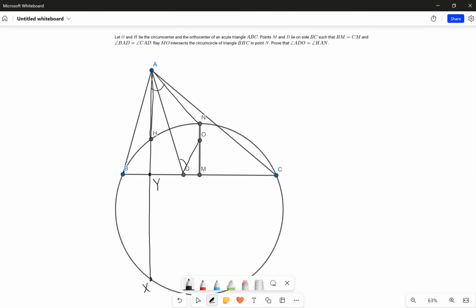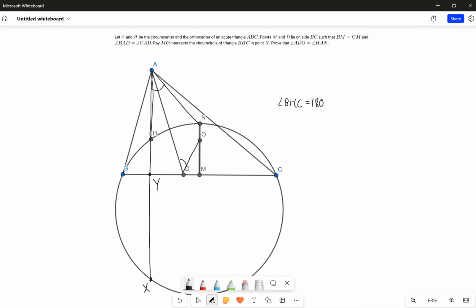In fact, since angle BHC is equal to 180 minus A, that means that angle BXC is equal to angle A, which means that X is a reflection of A across BC, implying that the circumcircle of BHC is just the circumcircle of ABC reflected across BC, which is something useful to know.